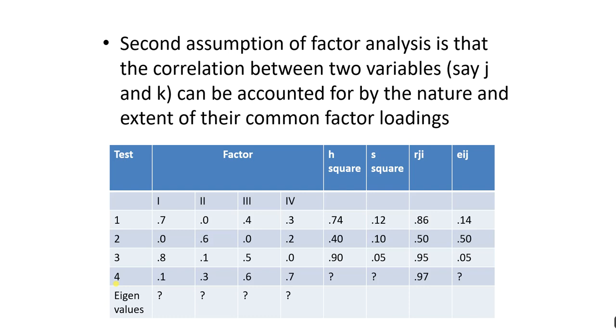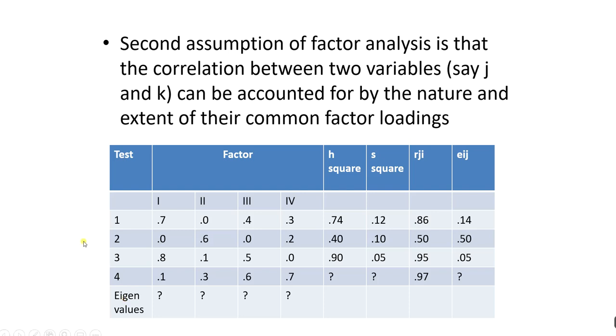So percent variance explained by a given factor is equal to eigenvalue divided by the total number of variables, times 100. You will be wondering why I am saying divided by the total number of variables. Basically, it is not the total number of variables. Basically, the formula is eigenvalue divided by maximum possible eigenvalue, times 100.